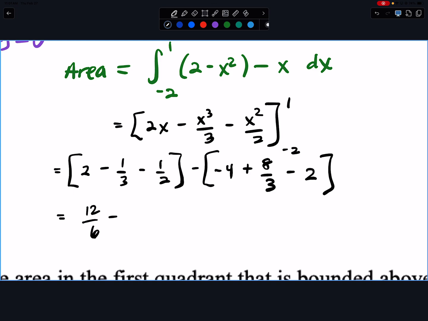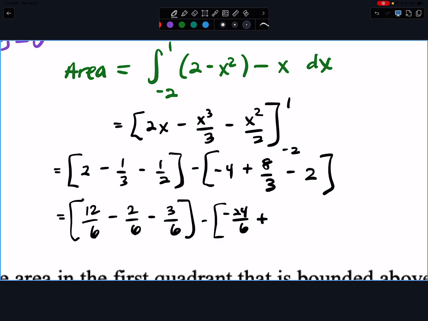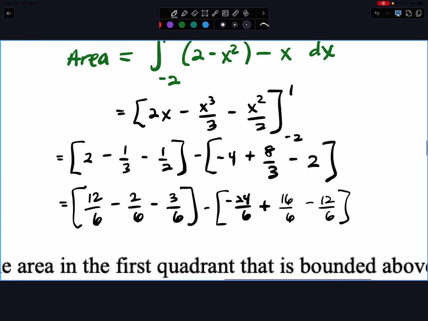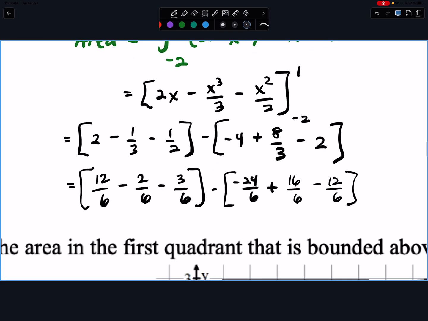Multiply this by 2. 2/6 minus 3/6 minus, what would -4 become? -24/6 plus 16/6, right? Minus 12/6. Is everybody cool with how I did that? Yeah? I know you guys aren't cool with fractions, but hopefully the steps make sense.